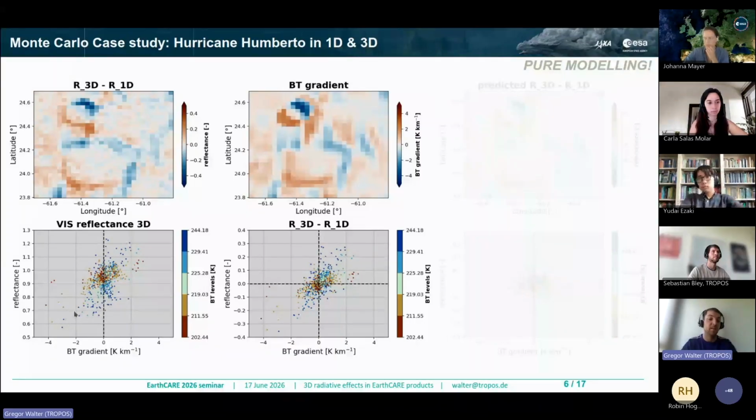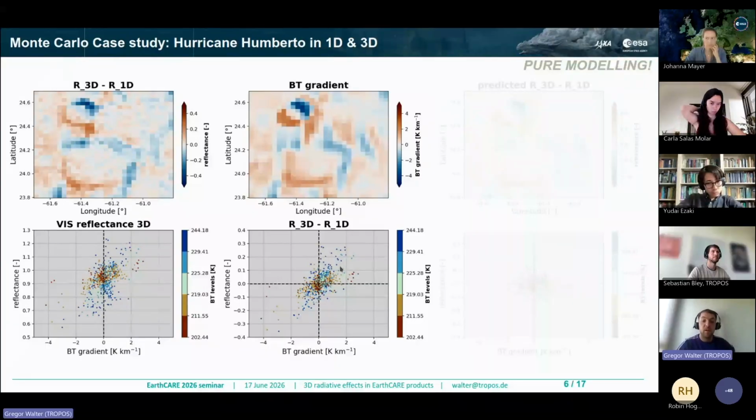And we can clearly identify the trend for the different height levels within this scene. And we also have reflectances that reach over 1. So this is already a good indication for 3D radiative effects.